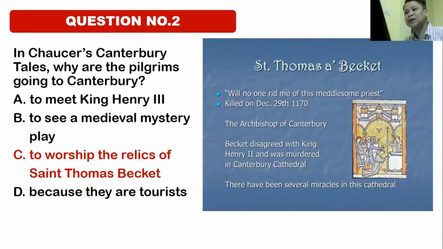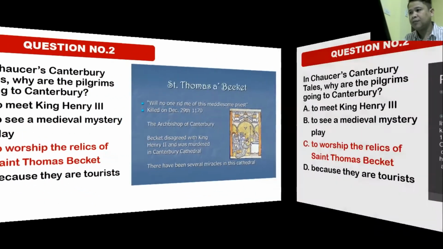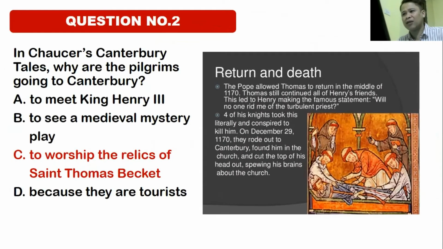So St. Thomas à Becket was the Archbishop of Canterbury. Becket disagreed with King Henry II and was murdered in Canterbury Cathedral. There have been several miracles in this cathedral. The Pope allowed Thomas to return in the middle of 1170.